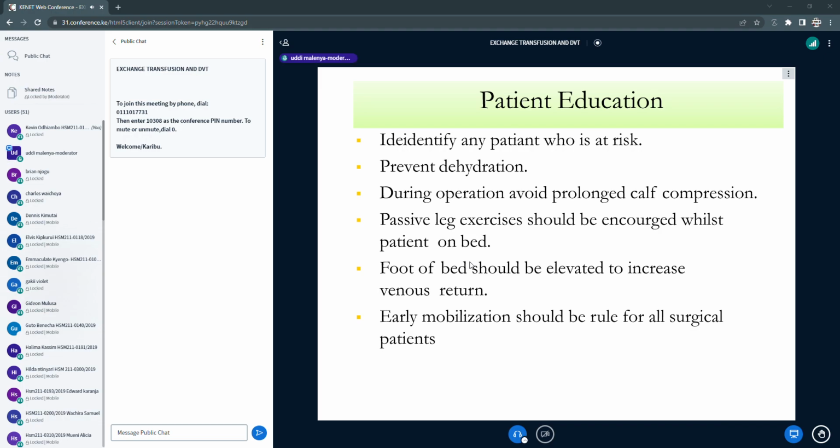the newer oral anticoagulants treatment known as DOACs or NOACs, that are normally used for management of pulmonary embolism and also DVT.